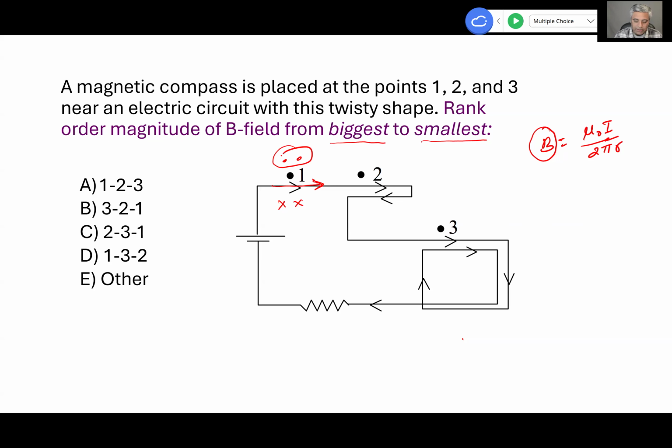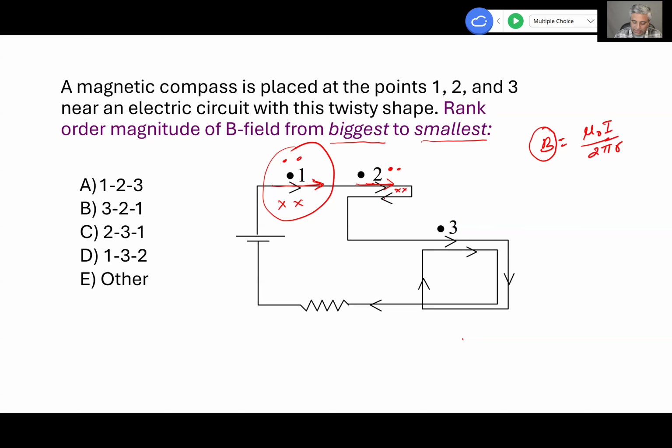So it's like magnetic field coming out, right? And over here, magnetic field going in, right? So there's going to be some magnetic field. Over here, if we do the same thing, it's going to give the same, right? So they're going to be dot, dot, cross, cross.